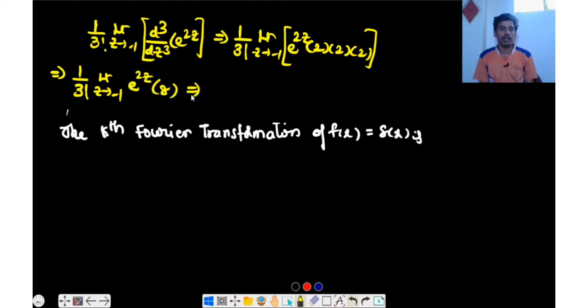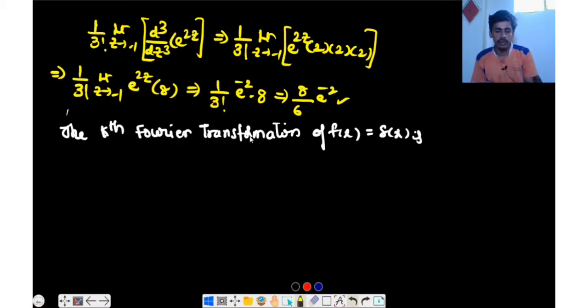Now applying the limit, you will get 1 by 3 factorial e^(minus 2) into 8. Now 8 by 3 factorial, which is 6, so 8 by 6 into e to the power minus 2.